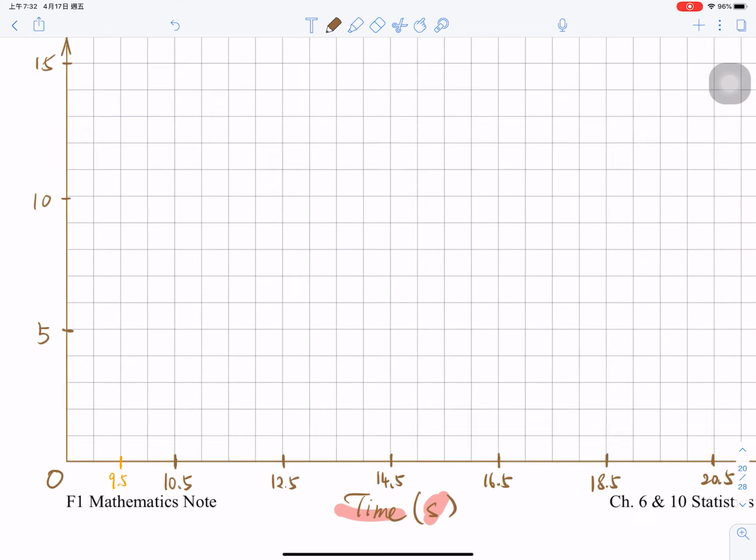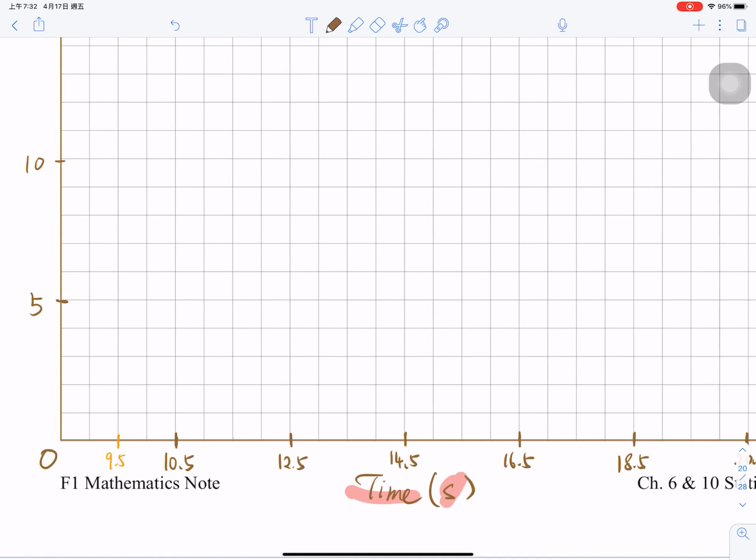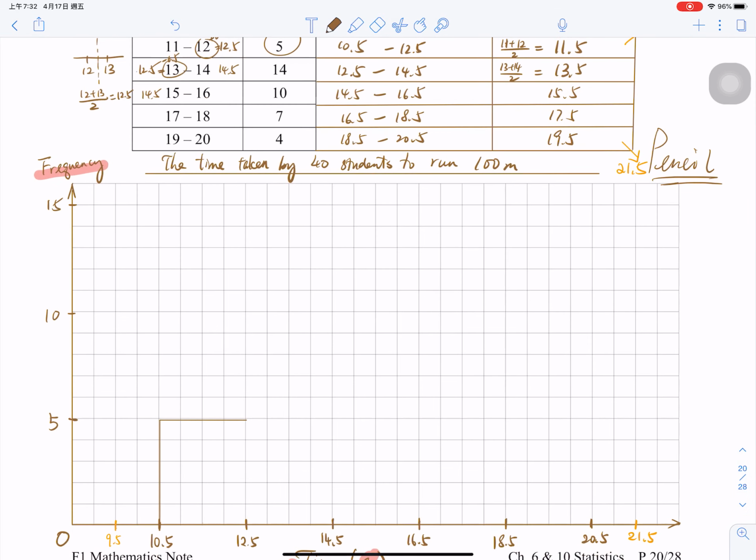Okay, let's enlarge it. 5. Okay, here is 5. Okay, how about the next one? Next class, 12.5 to 14.5, frequency is 14.